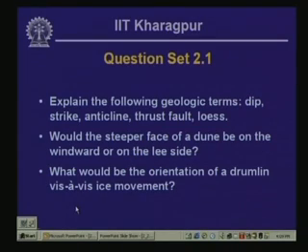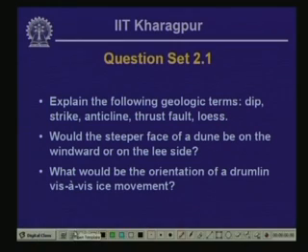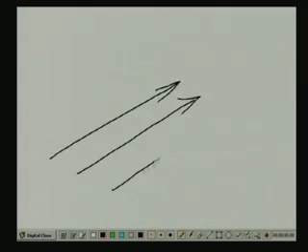The third question that we asked was what is the orientation of a drumlin vis-a-vis the direction of ice movement. So this is actually going to be parallel to the direction of ice movement. Let me draw a sketch here and say you have got the direction of ice movement like this.